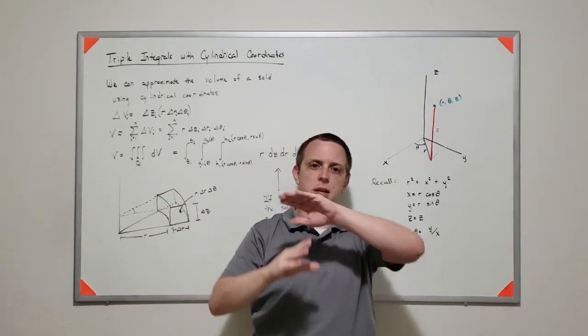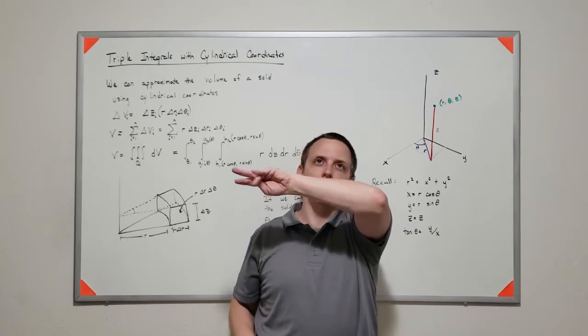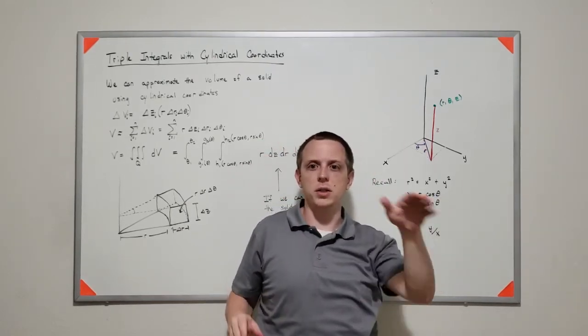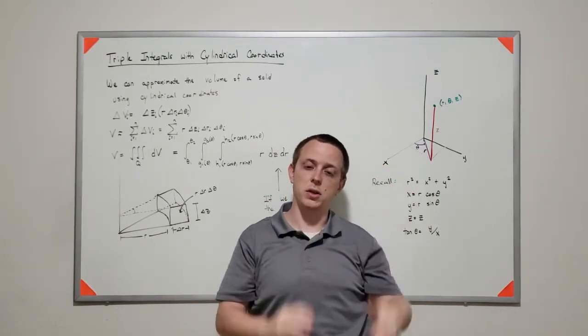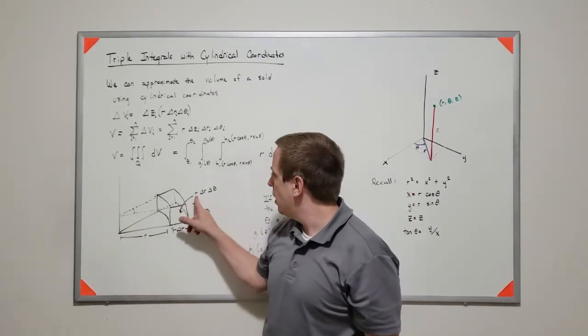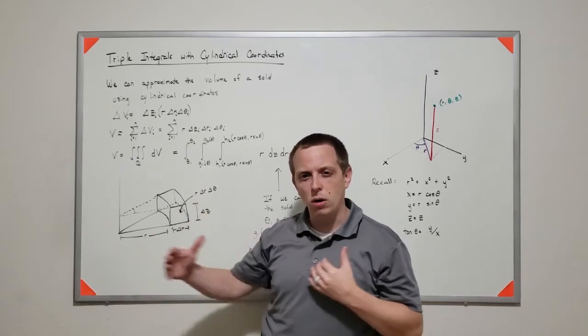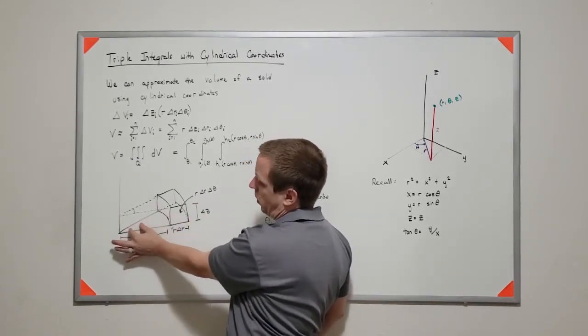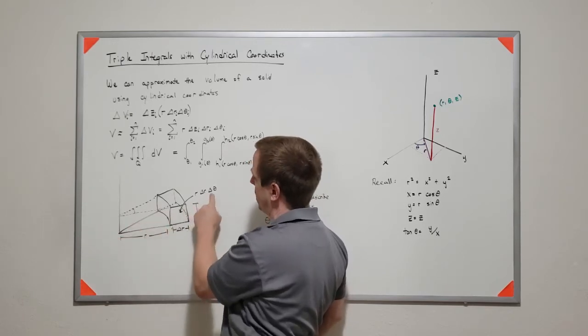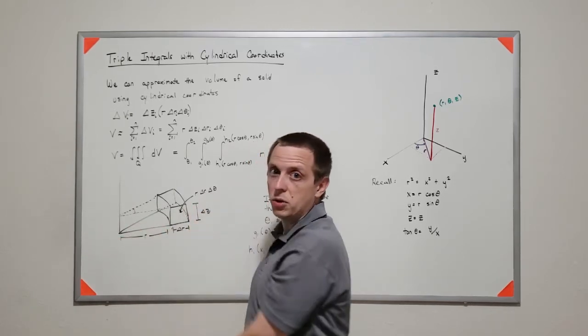Remember that the arc length of a circle is the radius times the angle that's being subtended. So you have it being a function of r based on how far along it is. That's why this piece would be smaller and this piece would be smaller, even though it's the same delta theta, it might be the same delta r.